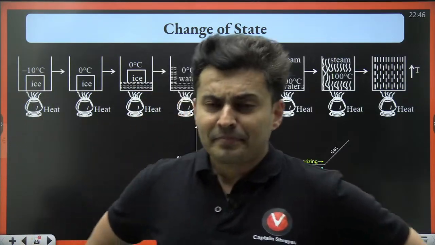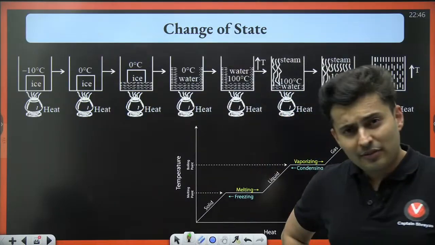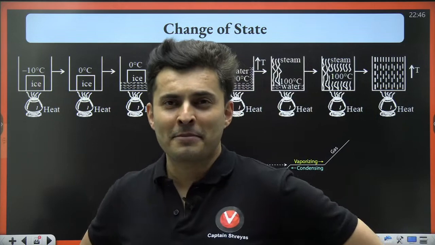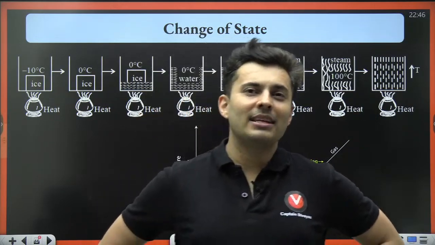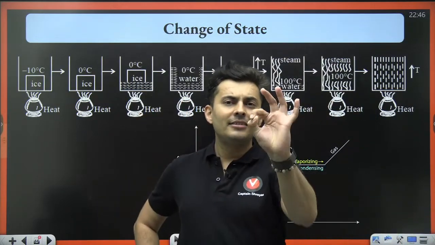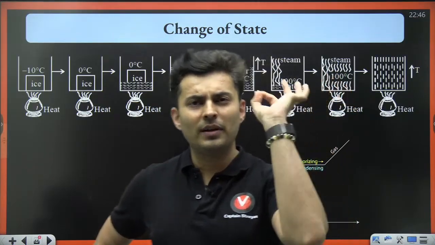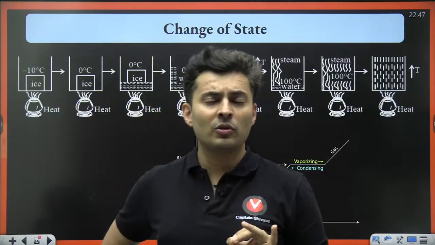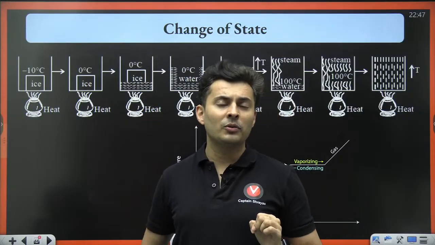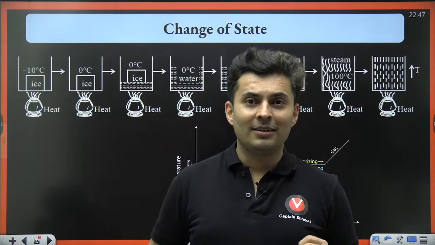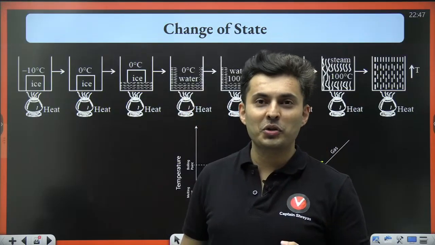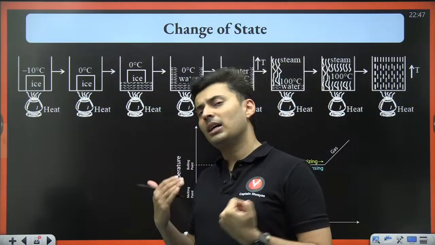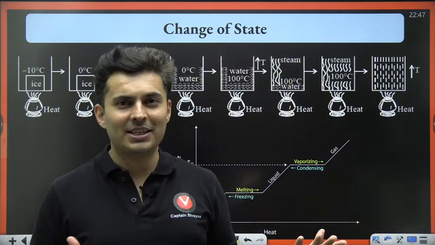If water remains water, ice remains ice, steam remains steam, liquid remains liquid, solid remains solid, then the heat supplied is just going to change the temperature. But if you reach the freezing point, the melting point, or the boiling point while doing so, then it changes the state, and the heat supplied does not go into changing the temperature.